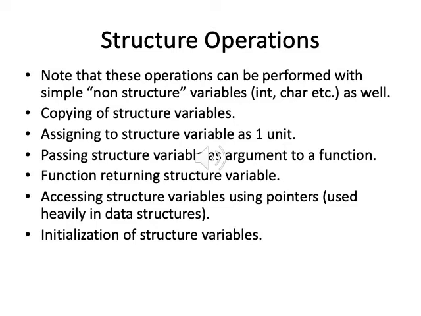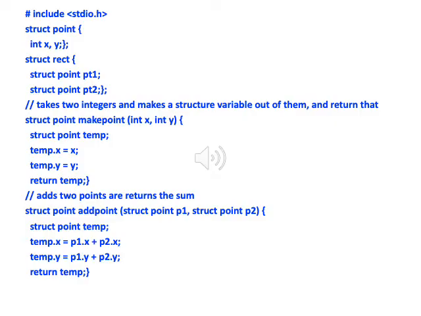This is possible with regular variables as well, int x equal to 0. In a similar way, point p1 equal to 1 comma 10. As you can see, there is a significant equivalence between the operations we can perform on structure variables and the operations we can perform on regular or simple variables like ints or chars.